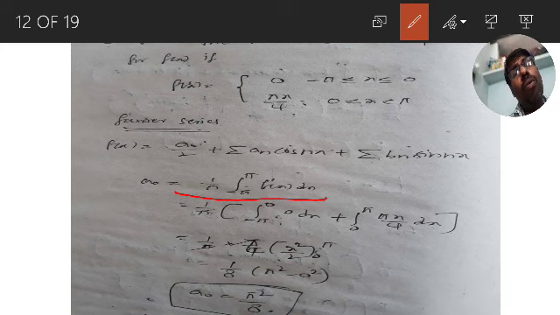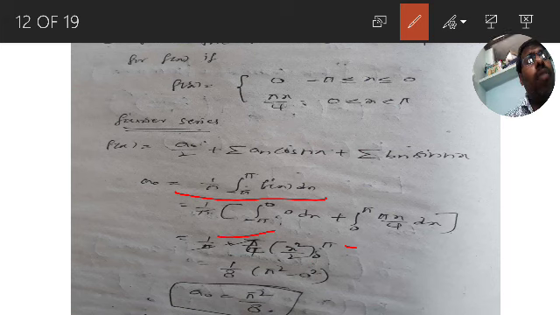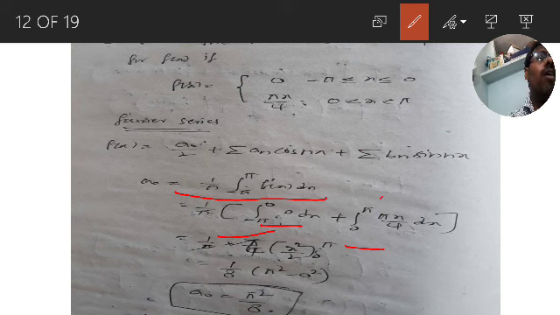So you have to divide the integral minus pi to pi into two parts, that is minus pi to 0 and 0 to pi. So the integration is divided into two parts: 1 by pi integration minus pi to 0 plus integration 0 to pi. In minus pi to 0 the value is 0 and in 0 to pi the value is pi x by 4.